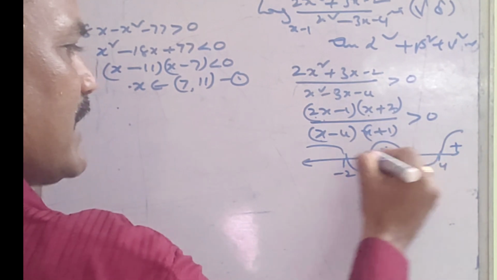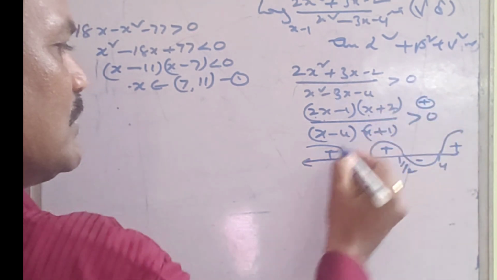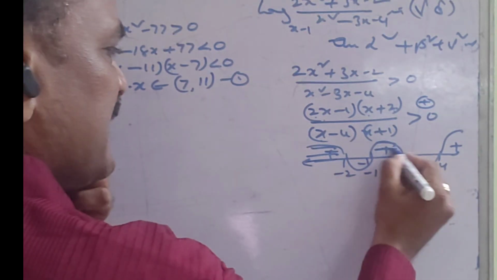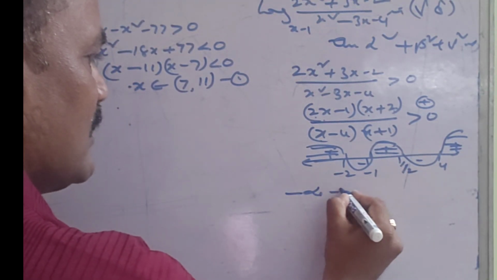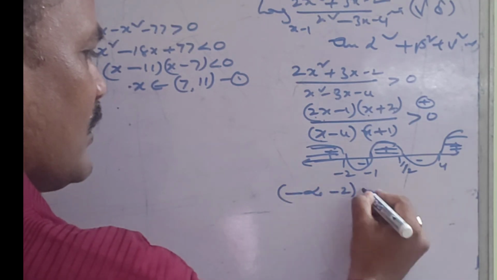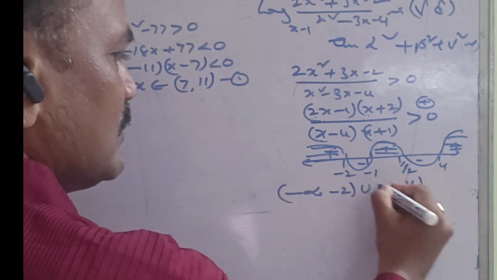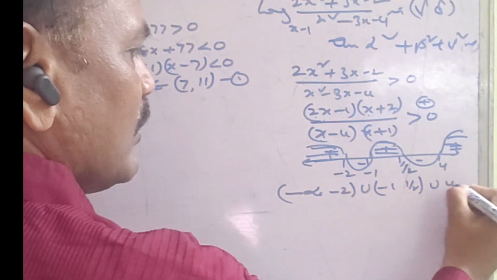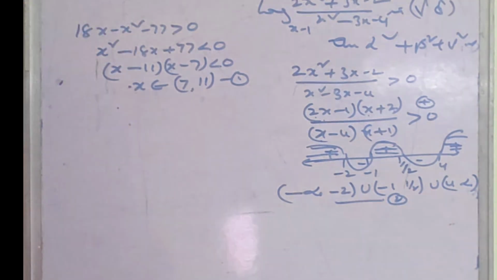Greater than 0 means positive, so this is the shaded area. So x belongs to minus infinity to minus 2, union minus 1 to 1 by 2, union 4 to infinity. So this is case 2.